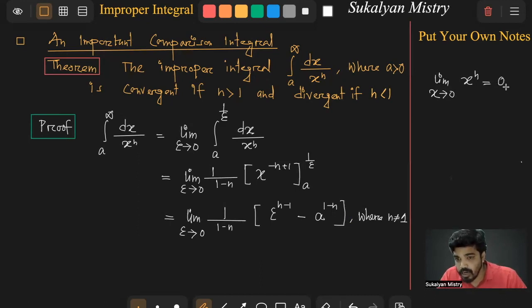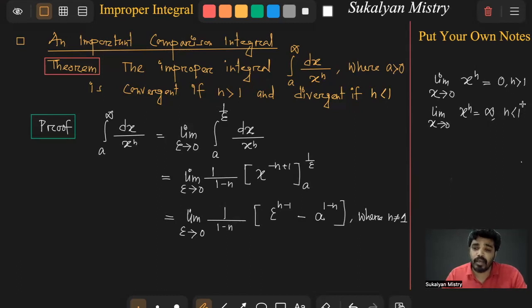It should be noted that limit x tending to 0 x to the power n equals 0 if n is positive, and limit x tending to 0 x to the power n is infinity if n is negative.